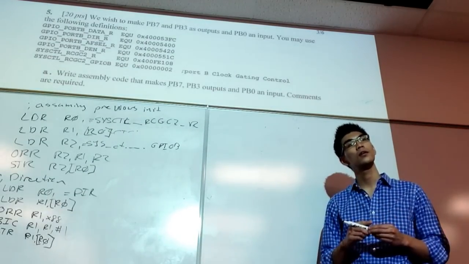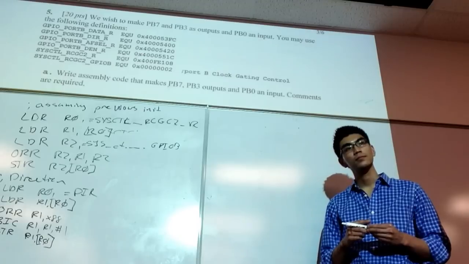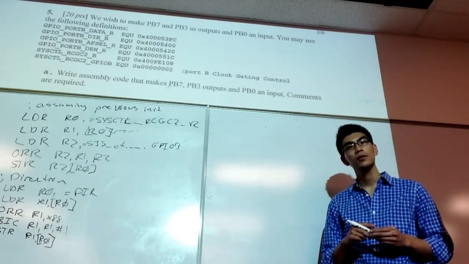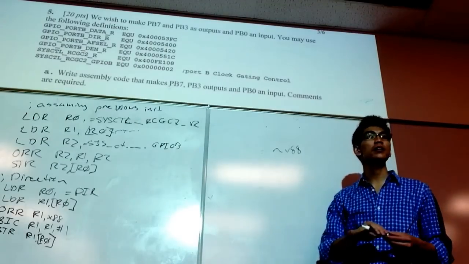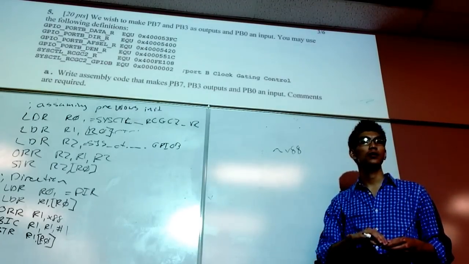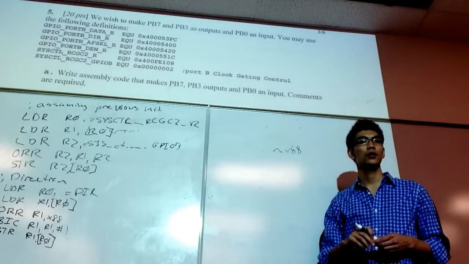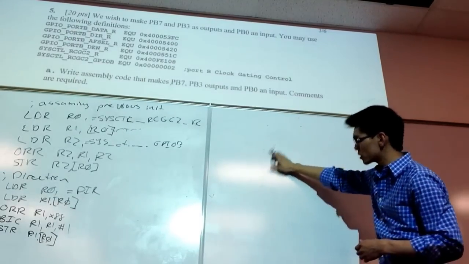For AF select and data enable, we just use x88 as another constant. For AF select, you're going to use not x88, or you're going to bit clear x88, because we want all the alternate functions to be set off, right?